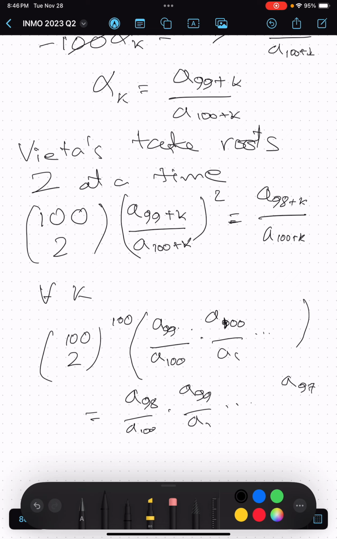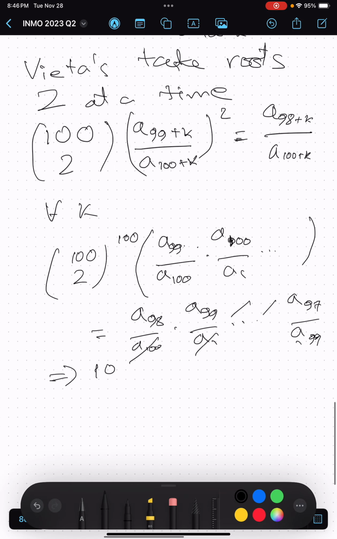So again all of this will cancel out with each other. So we get that 100 C2 by 100 is equal to 1, which is a contradiction.